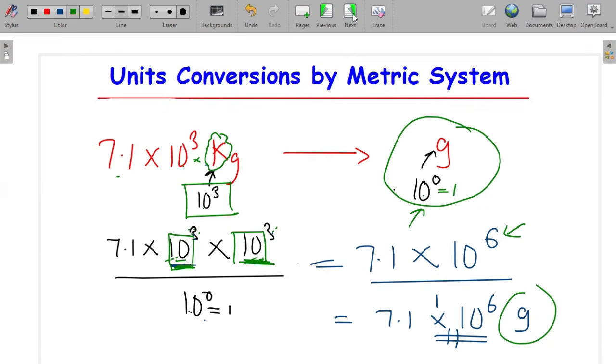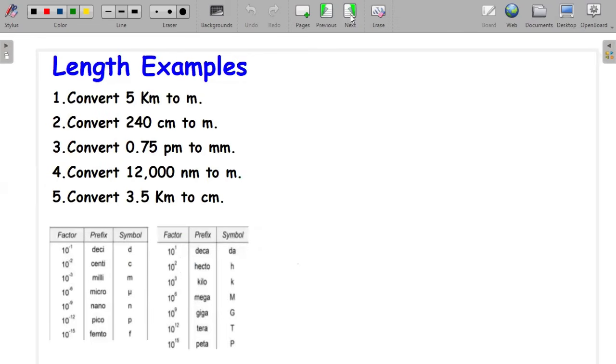So now let's do some more examples. We'll start with the examples on length, then we do mass, and then we do volume. Then I'm going to give you guys an assignment. You can solve it and send to my inbox so that you get to practice how to solve these simple questions. The first one says convert 5 kilometers to meters. So I'll write 5 kilometers to meters.